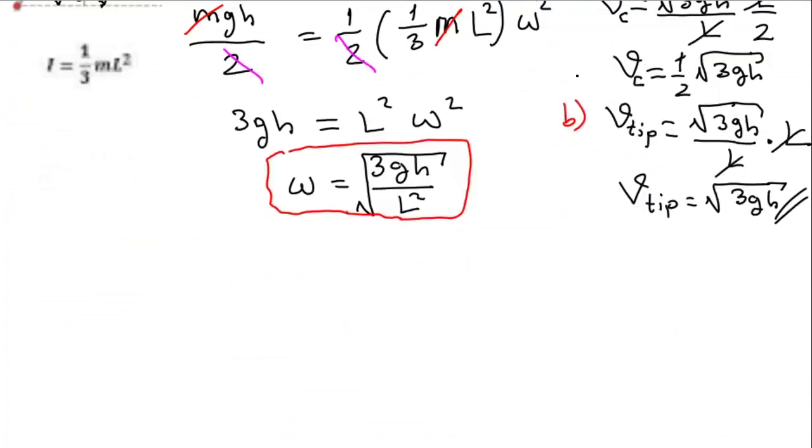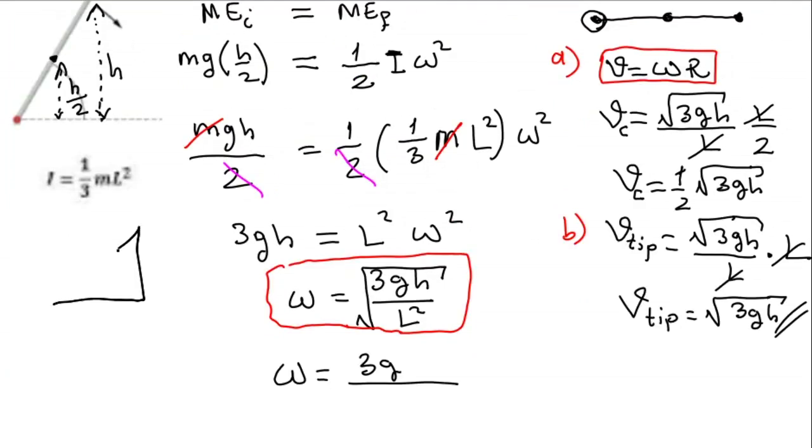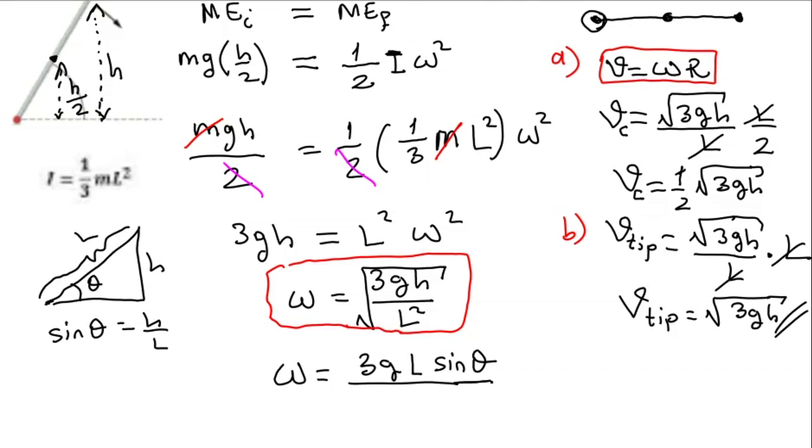If you are interested in numerical answers, 3 times g times the height h, that's the angle theta, and the length L. From here we can write sine theta is h over L. h means L times sine theta, so L times sine theta over L squared.